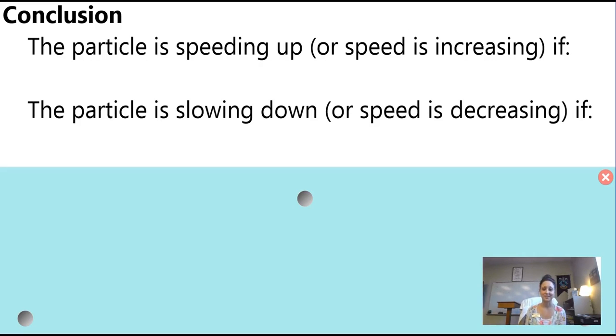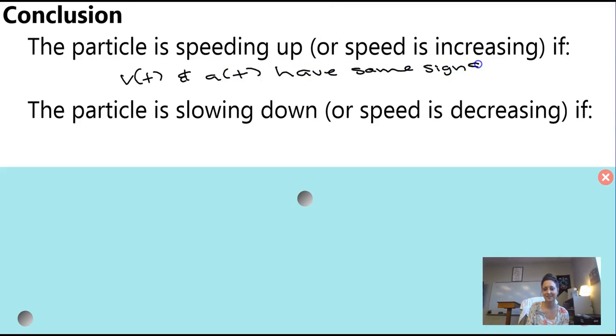I'm going to force a pause on your screen. Go ahead and copy what I have, and then we'll fill this in together. So a particle is speeding up, or you can say speed is increasing, if v of t and a of t have the same signs. So both positive or both negative.